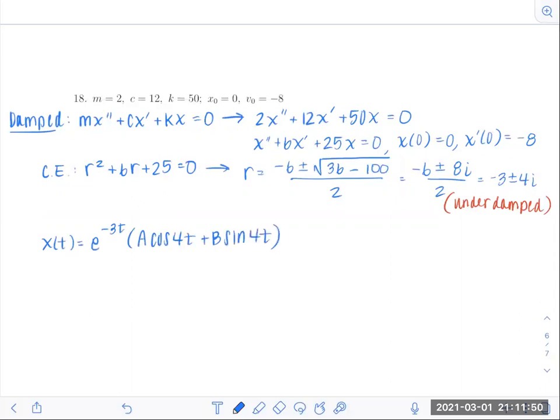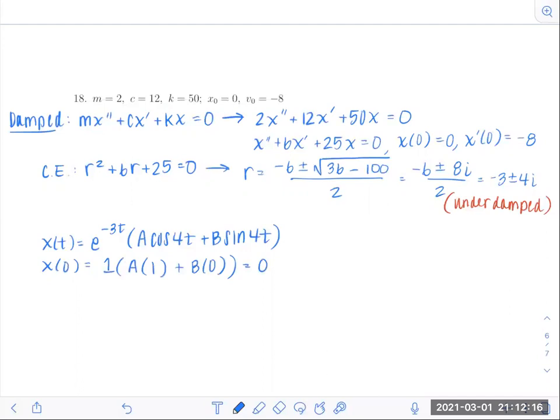All right, so I have my initial setup. I would now like to find what A and B are equal to. So let's impose 0 here. e to the 0 goes to 1. Cosine of 0 is 1. And sine of 0 is 0. And according to my initial condition, this should equal 0.